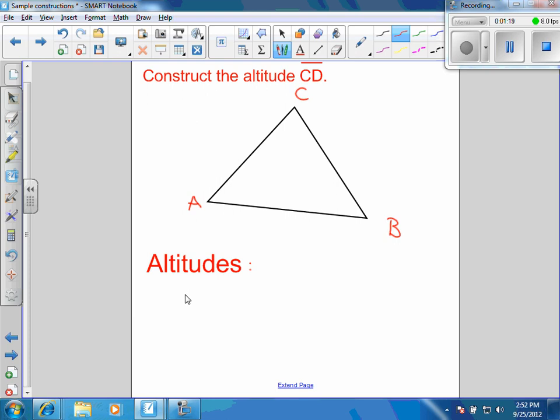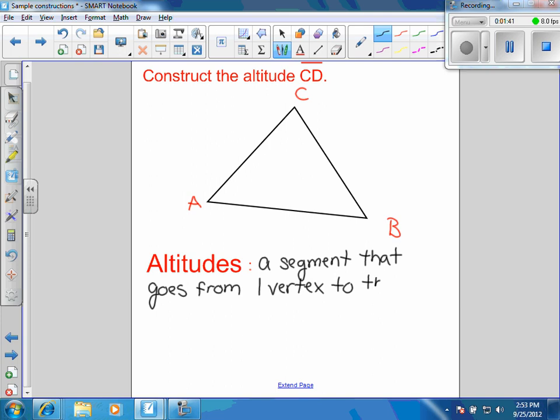Okay, so a segment that goes from one vertex to the opposite side at a right angle.